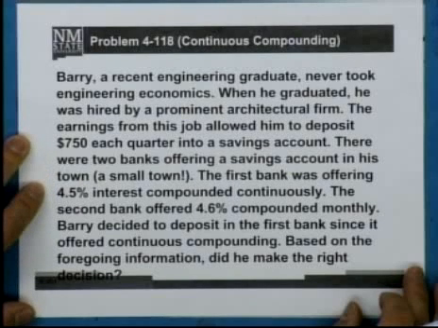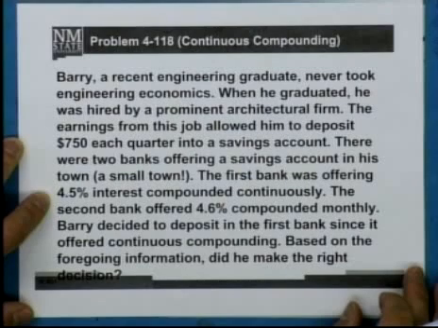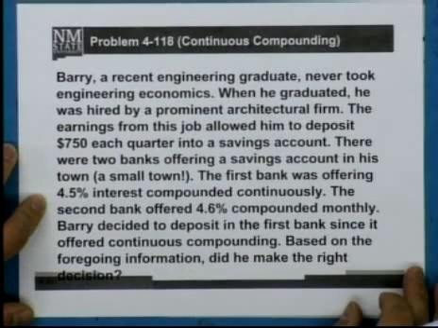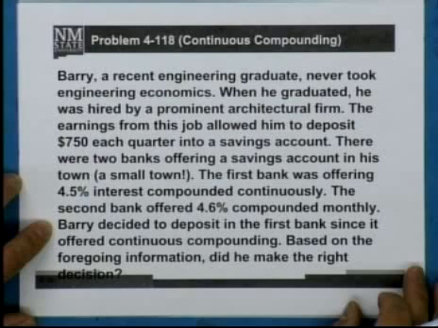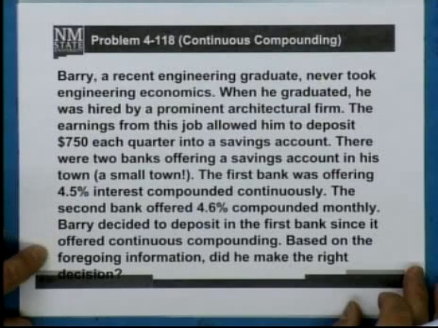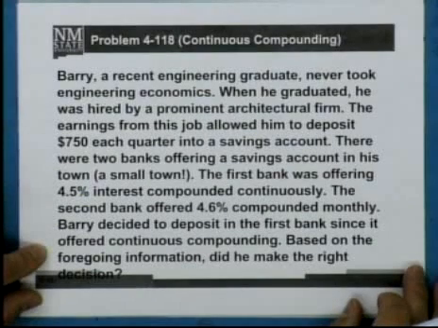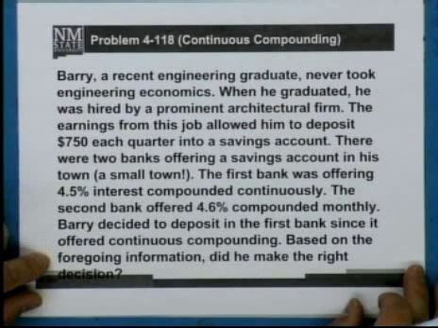The first bank was offering 4.5% interest, compounded continuously. And the second bank offered 4.6%, compounded monthly. Barry decided to deposit in the first bank because it offered continuous compounding. Based on the foregoing information, did he make the right decision?